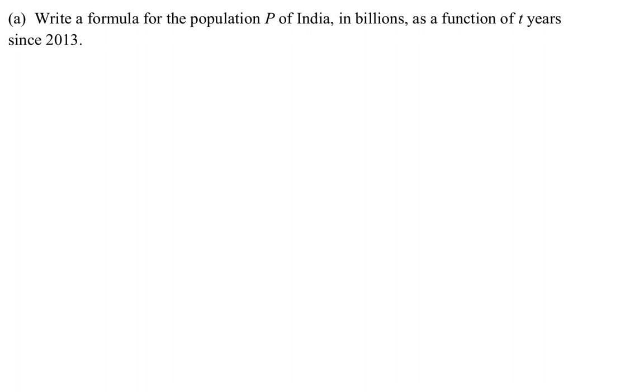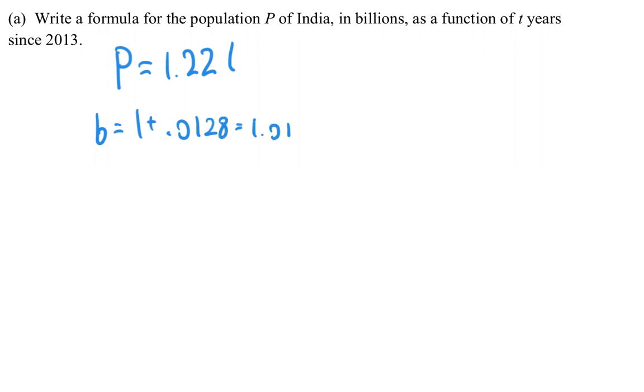So again, it's going to be P equals our initial amount, which is 1.22, because it says in billions, so 1.22 billion is our initial amount, times, and now for our b value, it's growing at a rate of 1.28% each year. So it'd be 1 plus, and we have to convert that to a decimal, so 0.0128, so 1.0128. So I'll put that in there, to the T. And there we are.